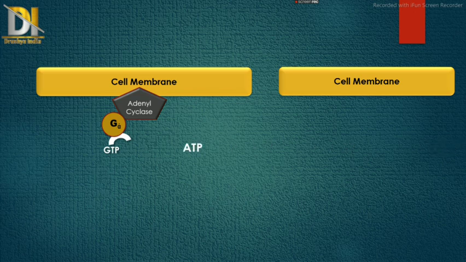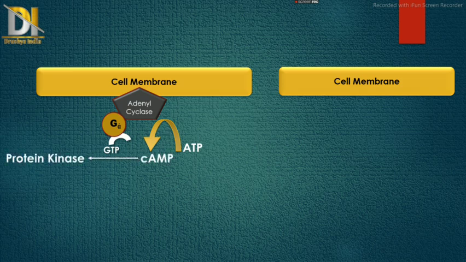Now ATP is converted into cAMP in the presence of the enzyme adenyl cyclase. Now this cAMP further gets converted to protein kinase in the presence of GTP, and further process takes place. And the main point in this adenyl cyclase pathway is that the secondary messenger is cAMP.